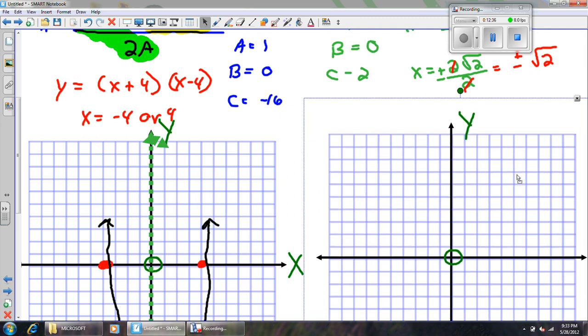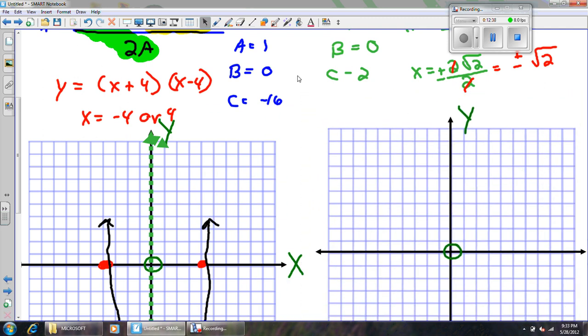Move it over here. Okay. So square root of 2 is approximately 1.41, and then we get the negative of it. Okay. And again, my vertex can be found by doing negative b over 2a. I know in this case it's going to be at 0. And when x is 0, y is going to be negative 2. And so it's going to look like that. Okay, and this one might be a little bit easier. Now it's going to be broken.